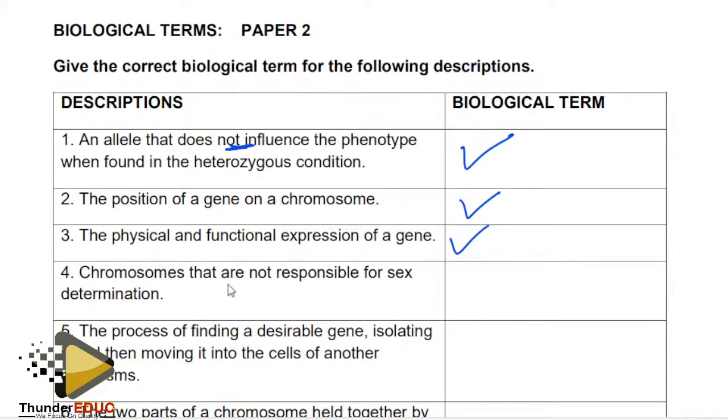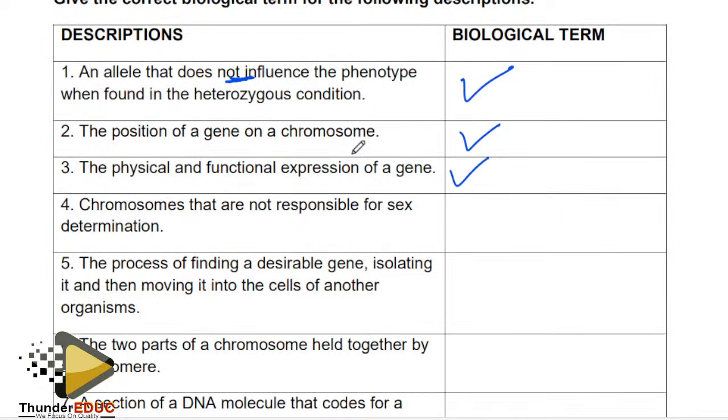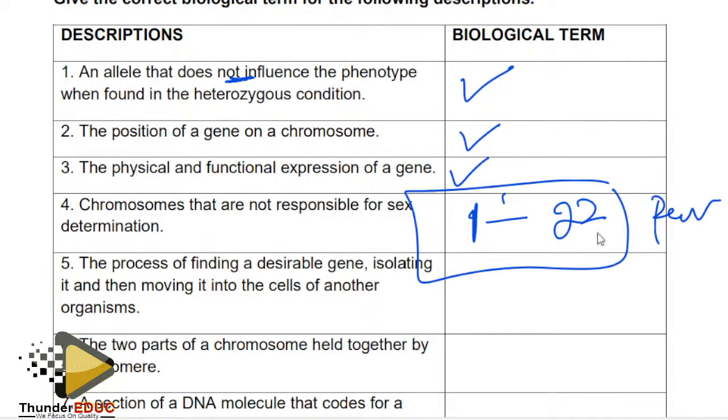The chromosomes that are not responsible for sex determination, we call them autosomes. Remember, we have the gonosomes and the autosomes. So from chromosome number 1 to chromosome number, I'm talking about the pairs, 22. So we call them autosomes.